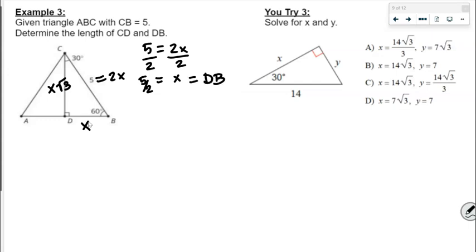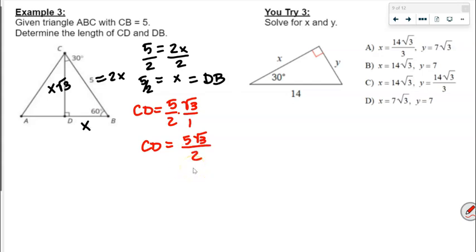Okay, now we're going to just multiply that by the square root of 3. So when we're trying to find CD, that's just going to be 5 over 2 times the square root of 3. Now remember, square root of 3 is square root of 3 over 1, so we're just going to multiply across the top and across the bottom. So CD is going to be equal to 5 square root of 3 over 2.